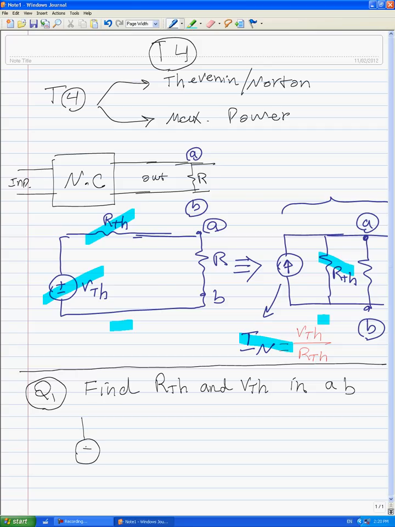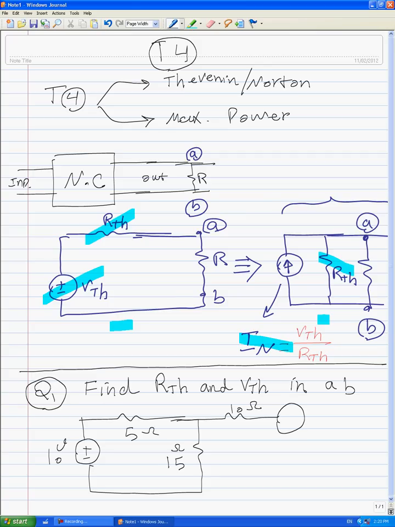We have 10 volts here, 5 ohms here, 15 ohms here, and 10 ohms here, 5 volts here, and we have a resistor here, and the value of this resistor is not important, and here we have A and here we have B.